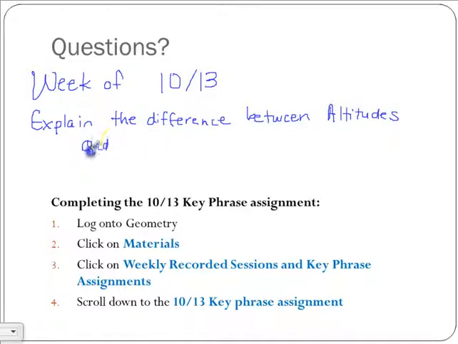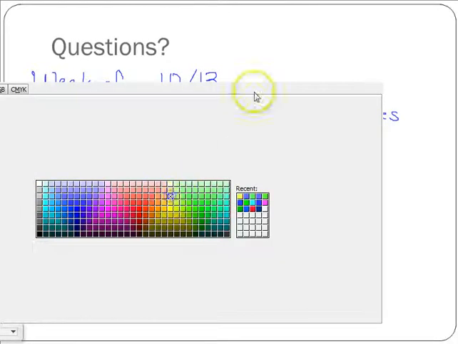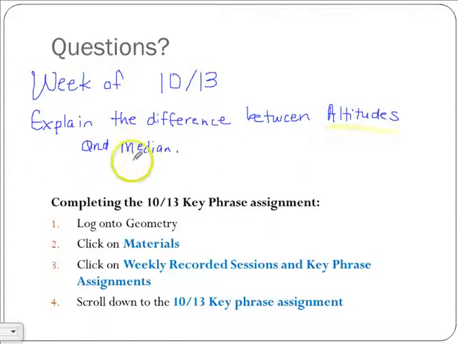So we talked about three different things, but I want you to focus for the key phrase. Tell me the difference between altitudes and medians. And the best way to describe the differences between something is just to define them. And that's going to do a good job of then telling me the difference between altitudes and medians.